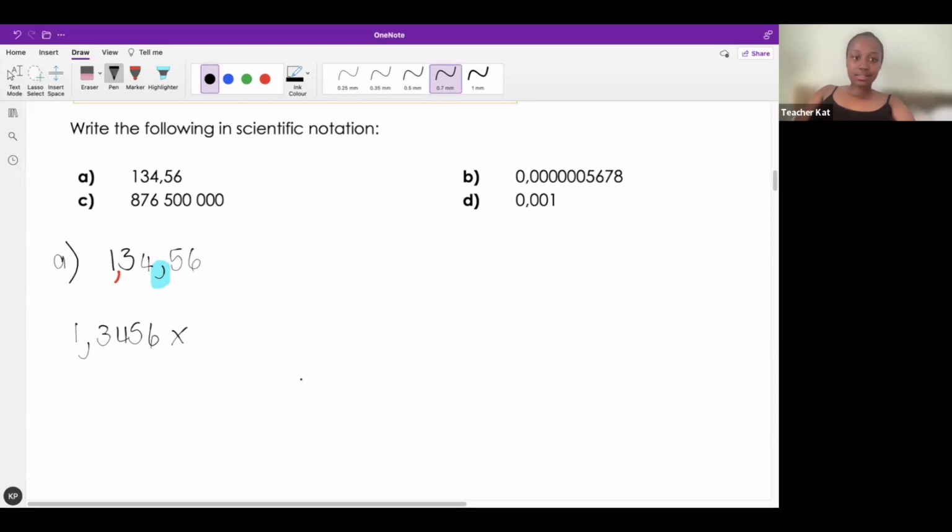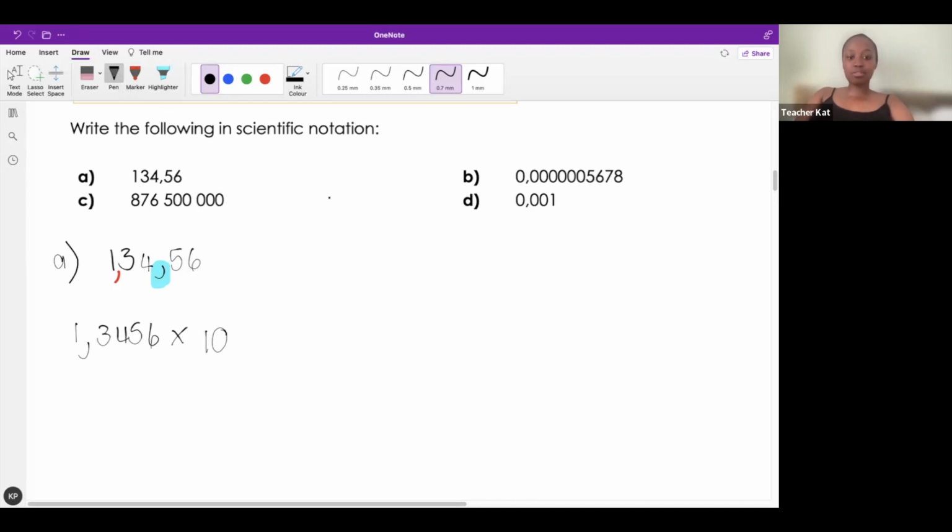Times 10. Now, did I move my comma left or right? I moved it to the left. So is that a positive or a negative exponent? Beautiful, positive exponent.